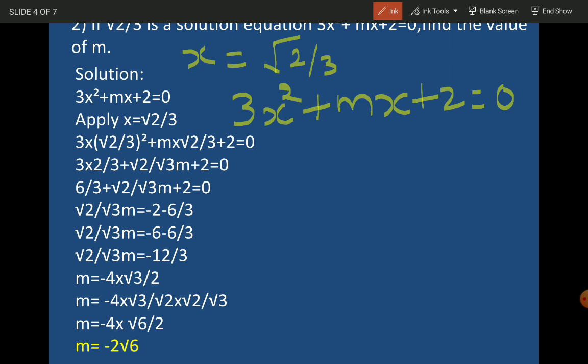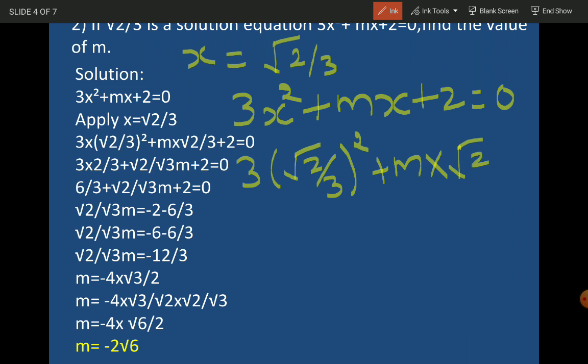For the x value we apply 3 into root 2 by 3 the whole square, plus we don't know the m value, so m into root of 2 by 3, plus 2 equal to 0.